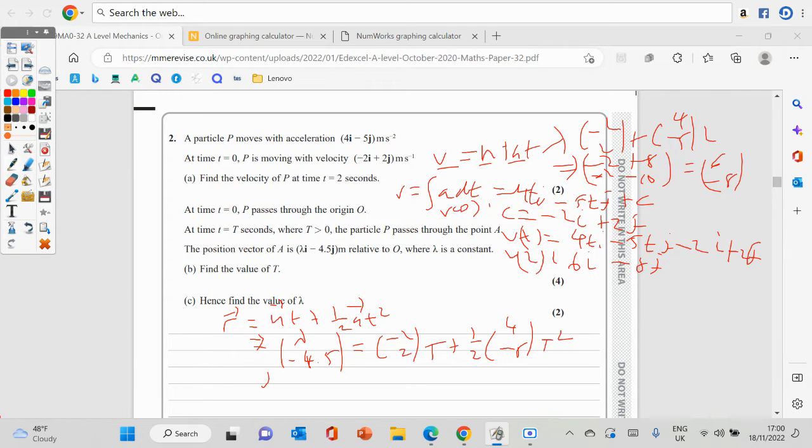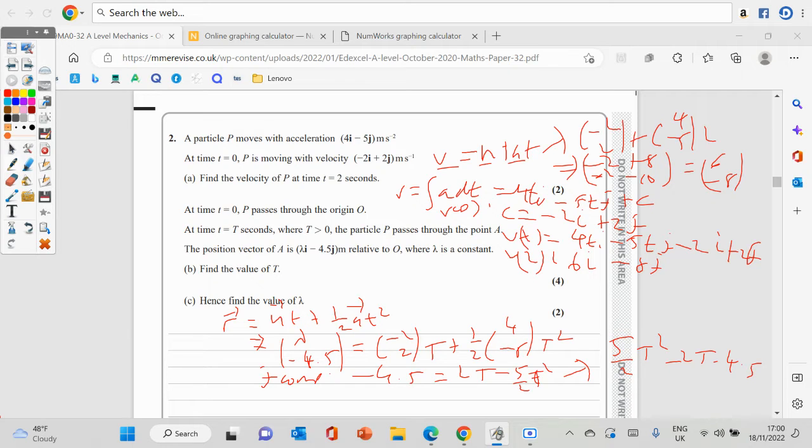So if we look at the j component, we're going to get that minus 4.5 has got to be equal to 2t minus 5 halves t squared, which is going to give you 5 over 2 t squared minus 2t minus 4.5.